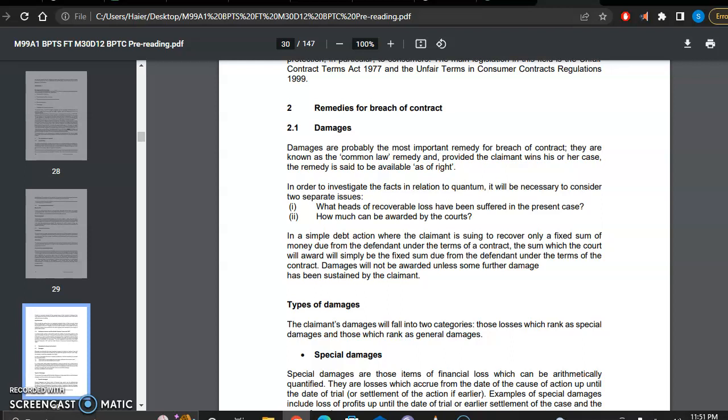What heads of recoverable loss have been suffered in the present case? Like, what kind of recoverable loss has been suffered? And how much can be awarded by the court? The court will also see how much could be given to the party.